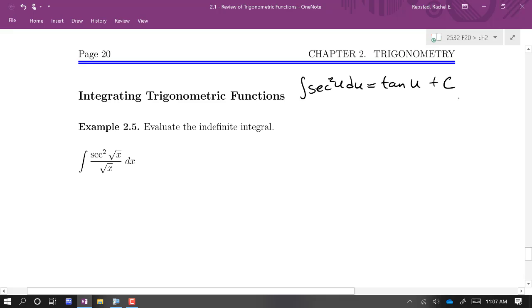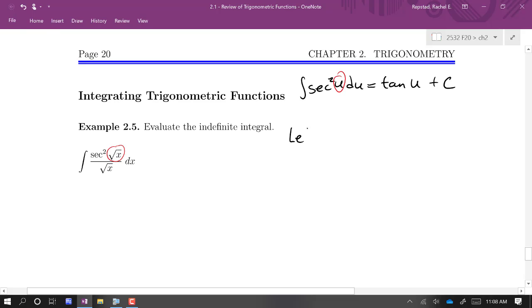So if this does fit that form, and it's an if, right? We have to check. Integration is, we don't just have a formula for everything, right? We're going to try to see if we can make a substitution and see if this integral does fit the form. So if it does fit this form, I think we would have to pick u equal to the square root of x, because that's the argument inside the secant squared function.